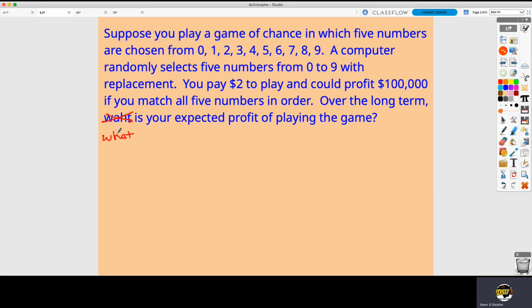Okay, so what we can do here is we can do kind of the same concept here. All right, now the very first thing that you have to figure out is what is the probability of winning? How are you going to figure that out?